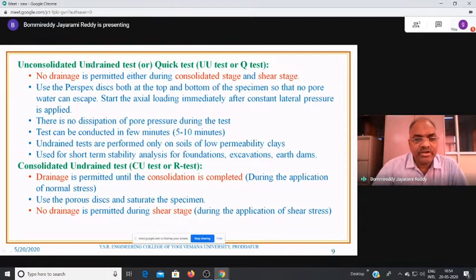Another one is undrained. Undrained means no drainage in the shear stage. There are two different types of forces acting on the soil for testing: one is normal stress, another is shear stress, because in this chapter we are going to find the shear parameters.